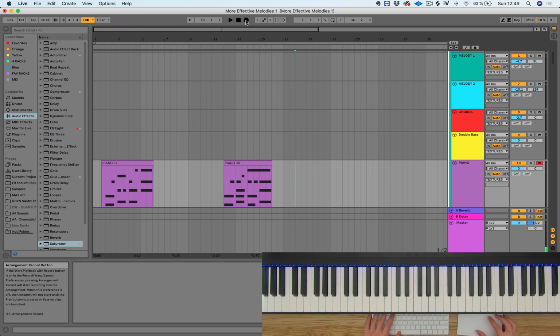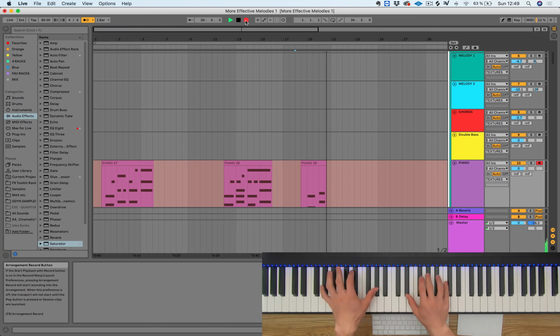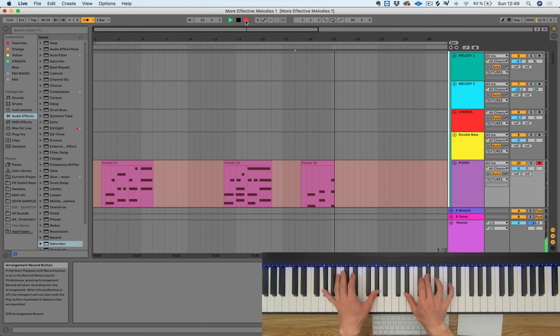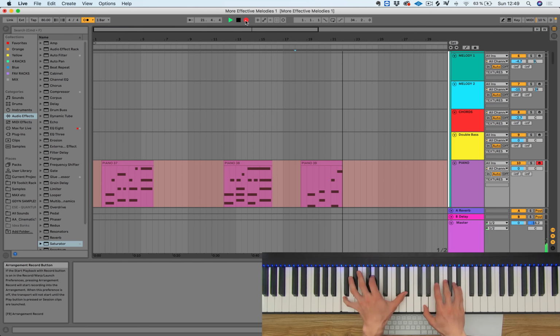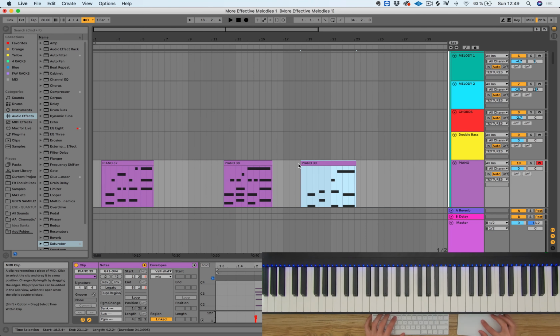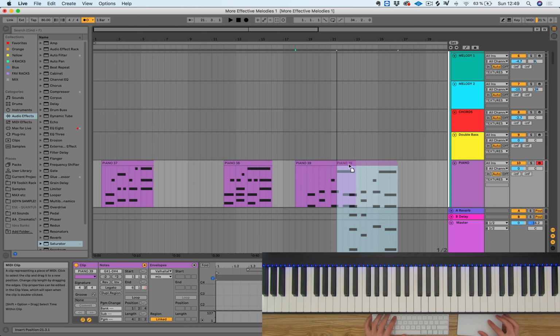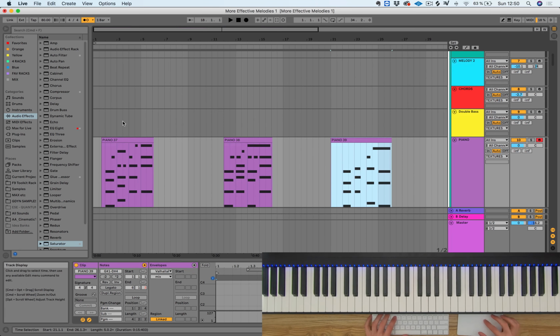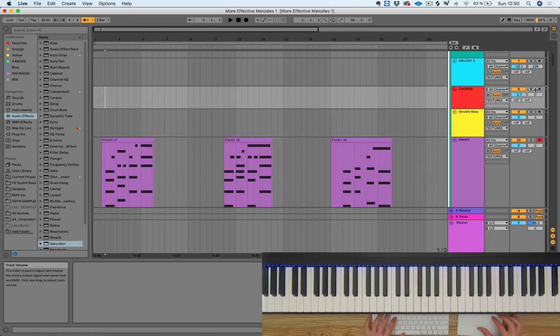Let's do one in C minor as well. I'm going to move these over here. Now I'm just going to transport myself into the future where I've just recorded these chords with my strings and bass.